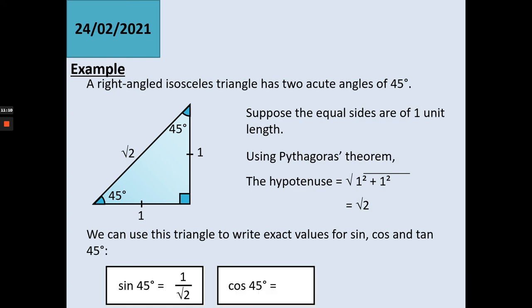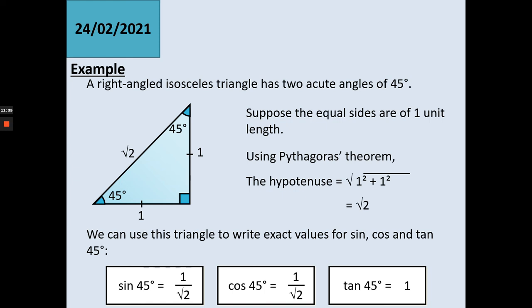Our cos of 45 is going to be the same, isn't it? Because it's the adjacent divided by the hypotenuse, so that's going to be the same. And then our tangent is our opposite divided by our adjacent, if you think about your SOHCAHTOA. So that's 1 over 1, which is just going to be 1. Okay, so that's how we can work out the exact value of sine 45, cos 45 and tan 45.